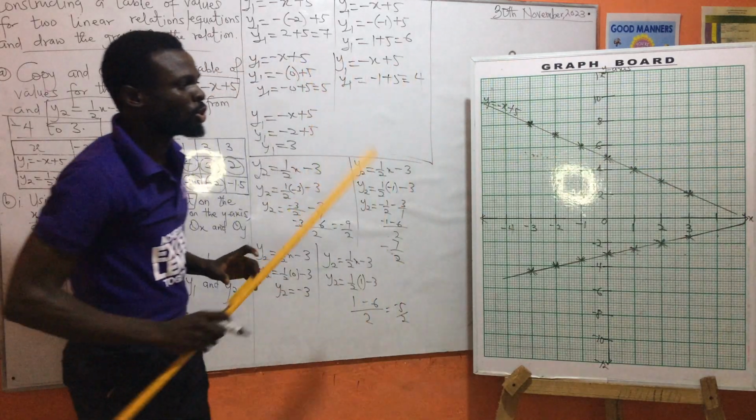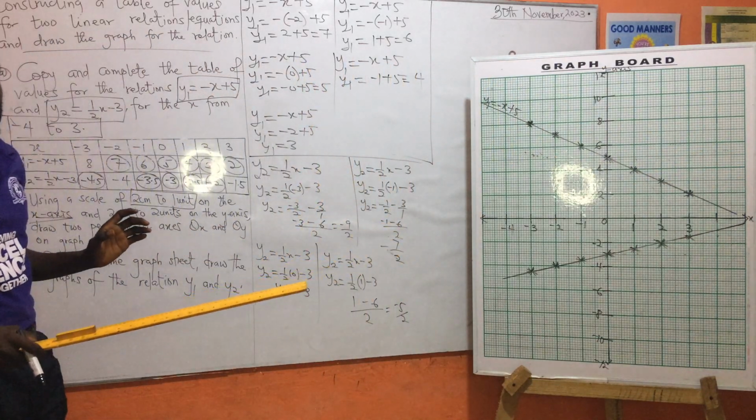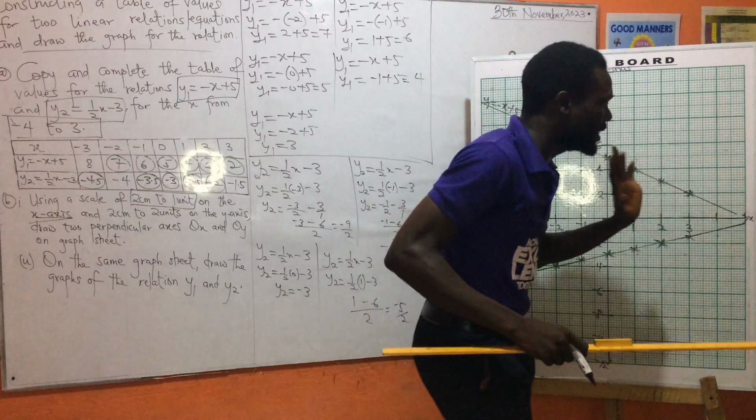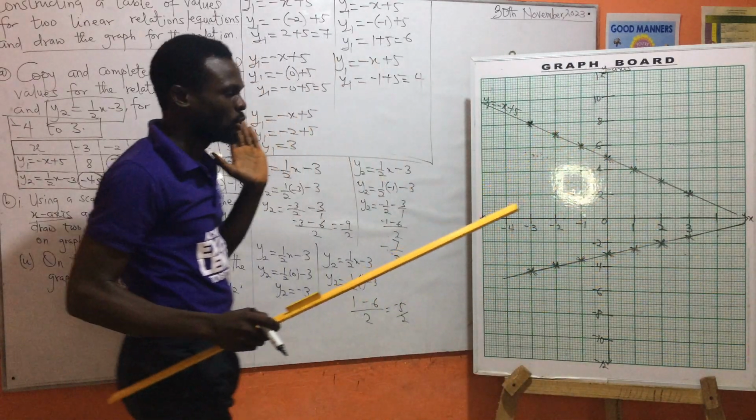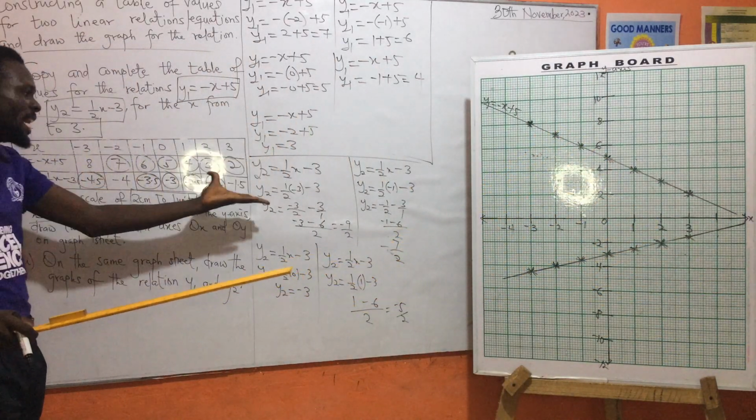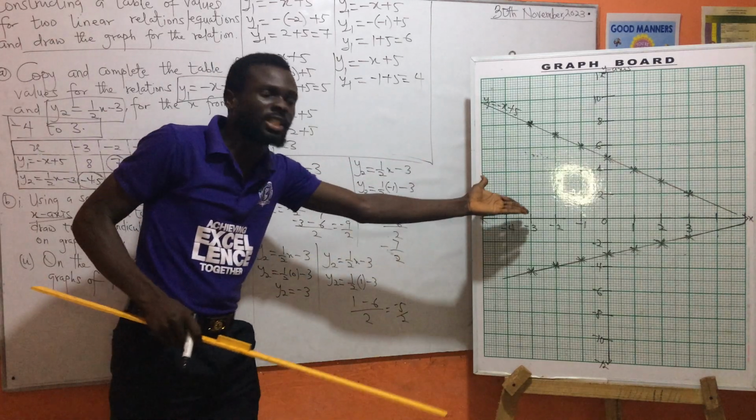Good. So we've been able to do the plotting. Now we can see that they didn't meet. If they didn't meet, that doesn't mean we are wrong. No. It means we just follow the given relation to do the plotting.